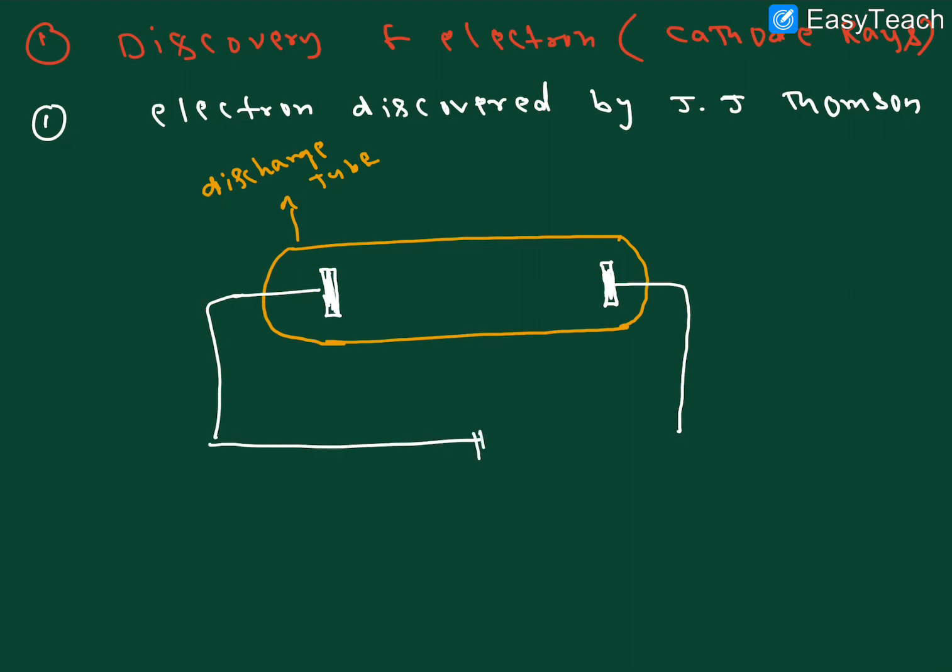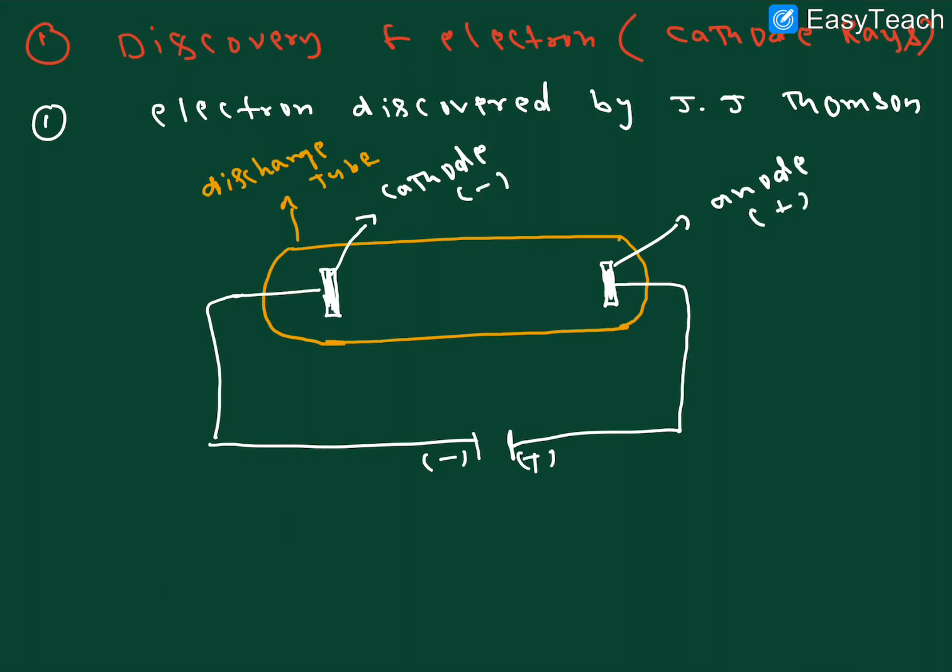This one is considered minus, this one is plus. This metal electrode is the cathode, and this electrode is the anode. We already know that the anode has a positive charge and the cathode has a negative charge.